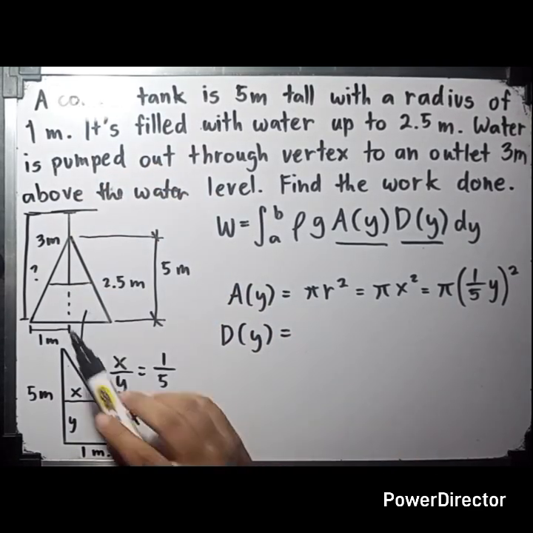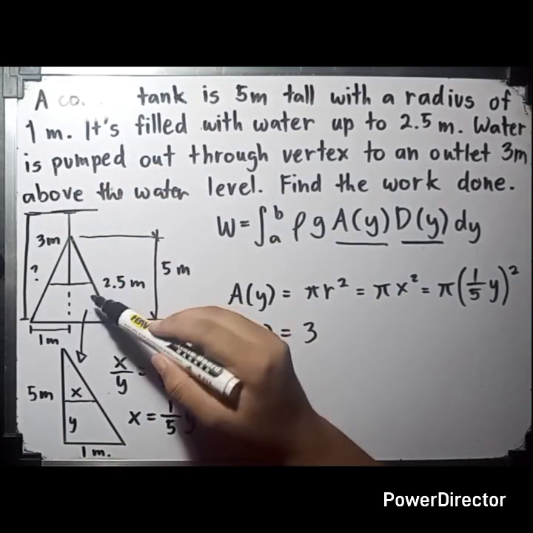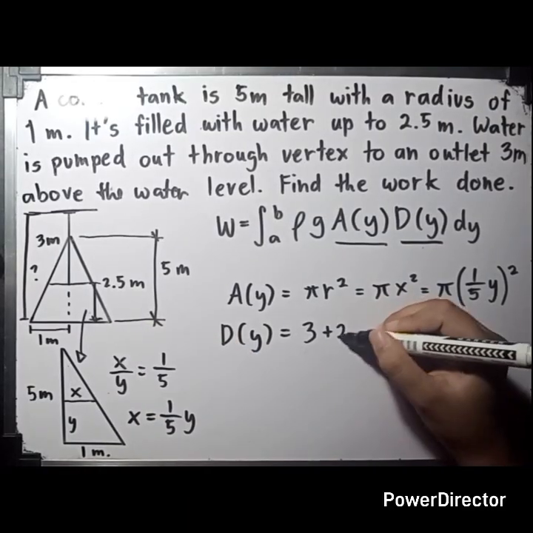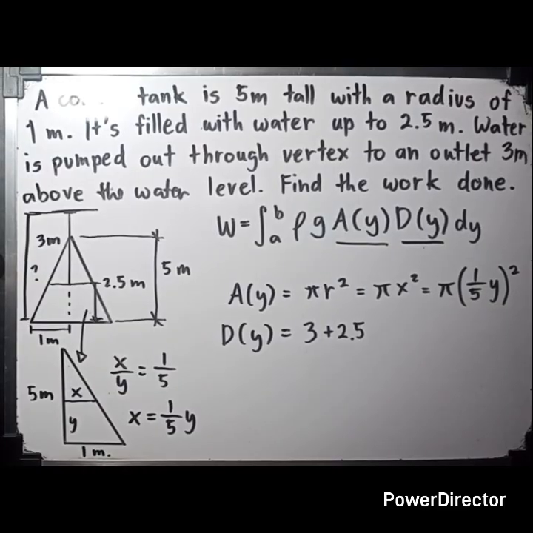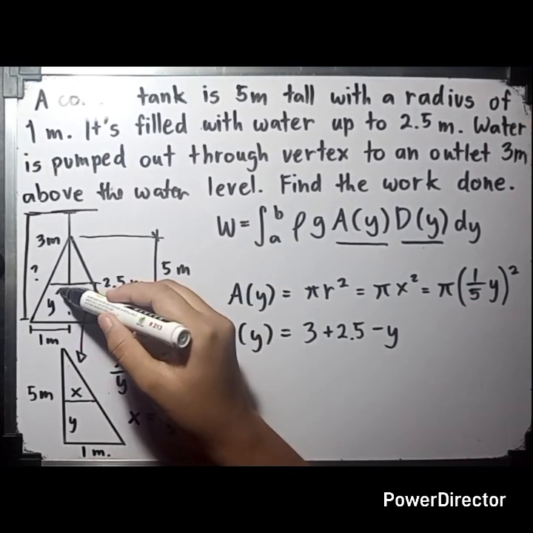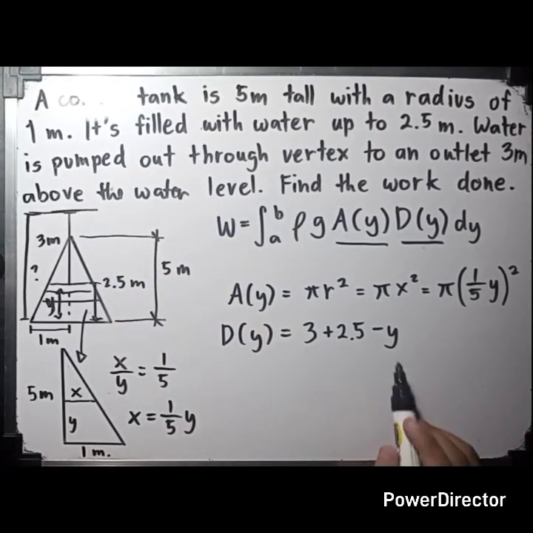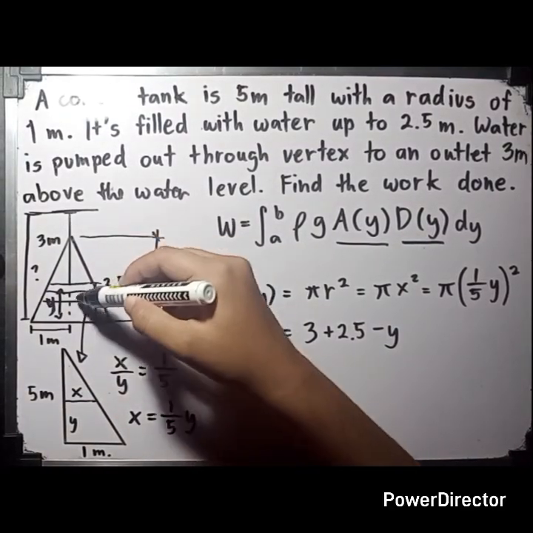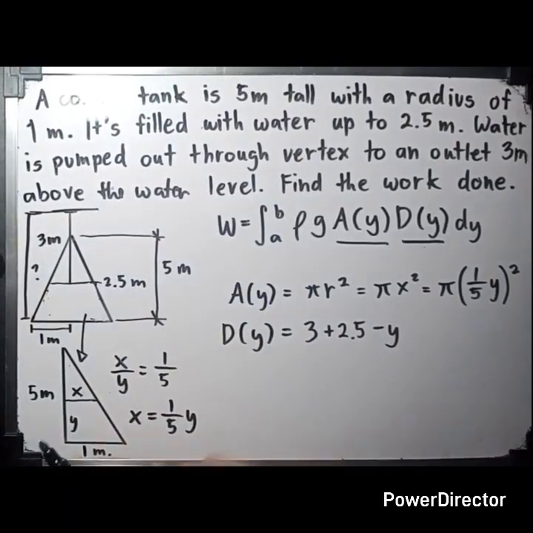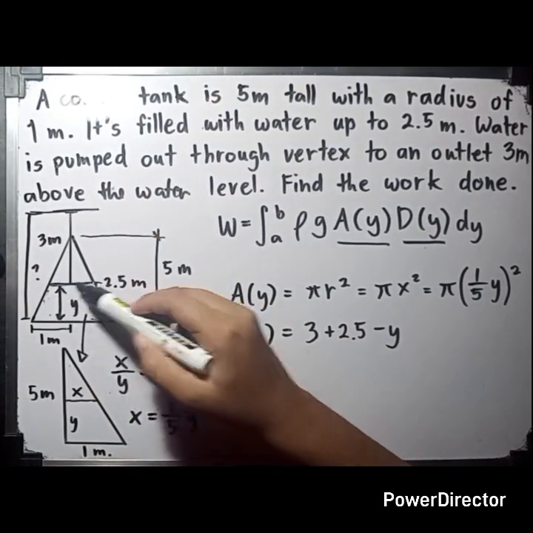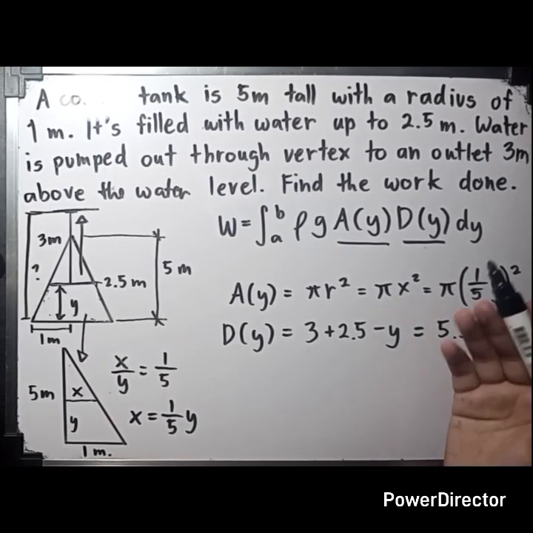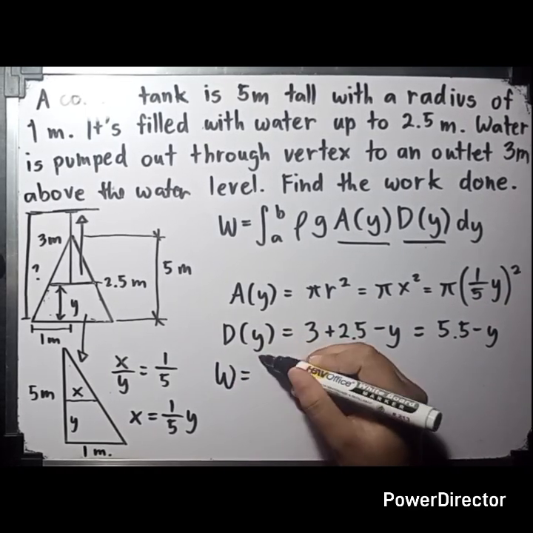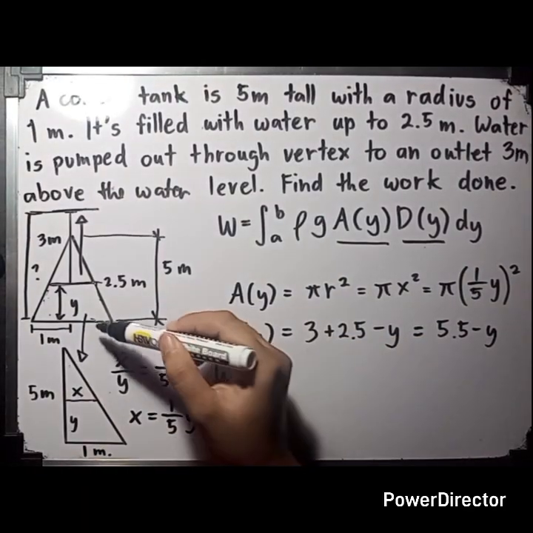From the illustration, we have 3 meters plus 2.5 meters, minus y, since y is the unknown and the varying value that each time the differential slices must be lifted. Then our d of y is 5.5 minus y. We can now solve for work.